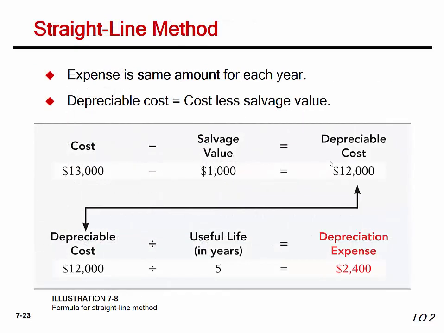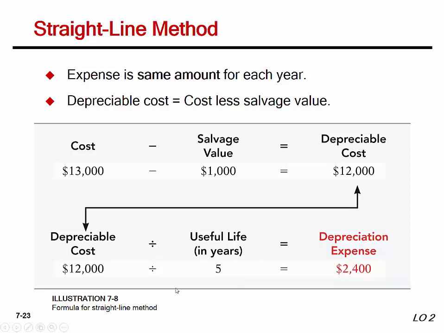Alright, so if we do the first step, historical cost of $13,000 minus salvage value of $1,000, we get depreciable cost of $12,000. Step number one, calculate depreciable cost. And then step number two for the straight line method is you just take that depreciable cost number that you just calculated and you divide it by the useful life in years.